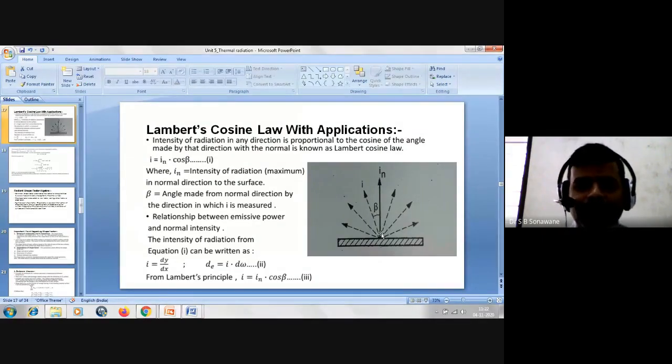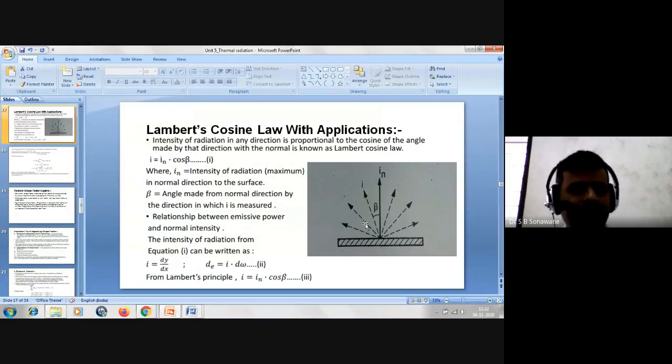For example, consider this particular radiation, emitted from the surface. I have represented it by I, so I need to take the angle from this direction to the normal. This much angle I have to measure.